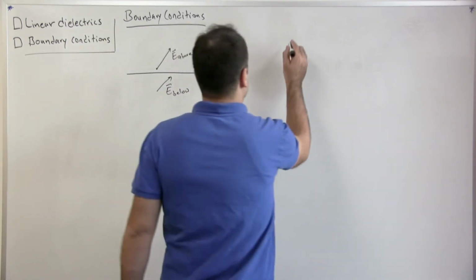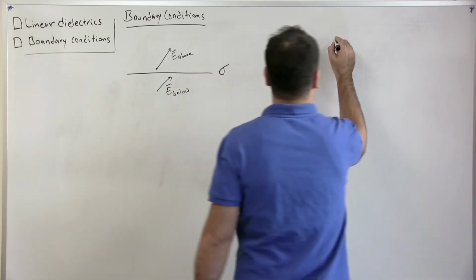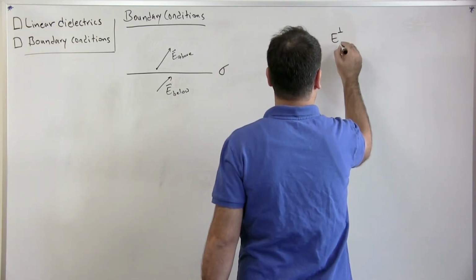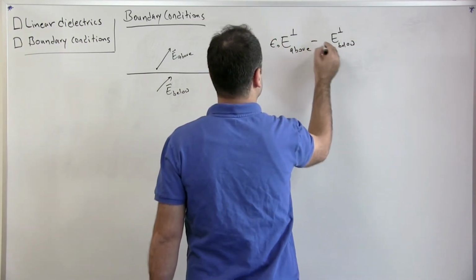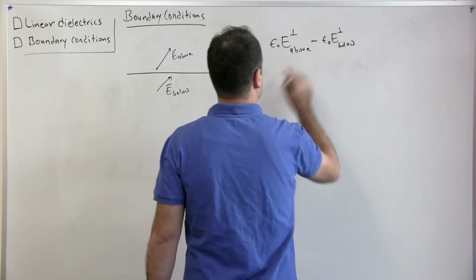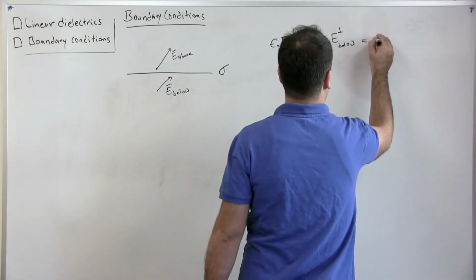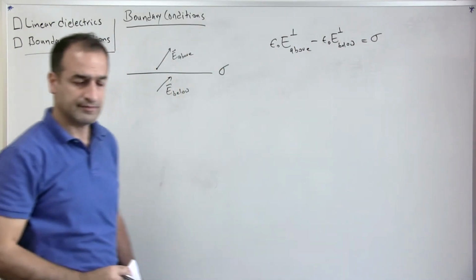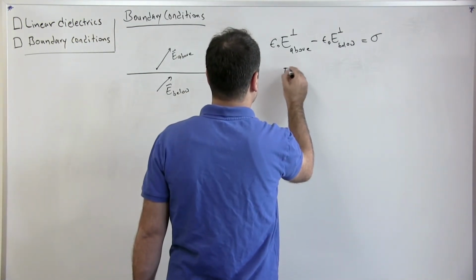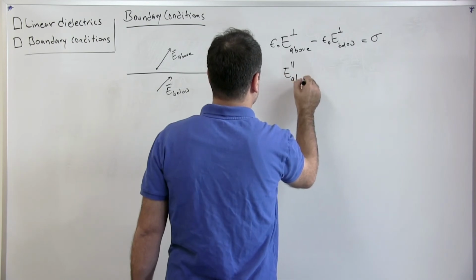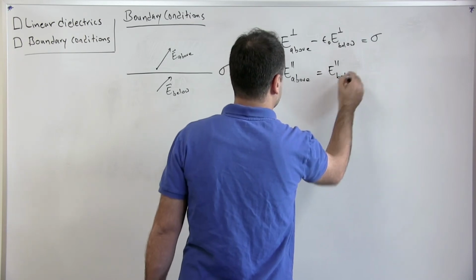Okay, and when we looked at the vertical component above and below the surface, we said that there should be discontinuity. Epsilon naught times E above minus epsilon naught times E below should be equal to sigma. Okay, and at the same time, we said the parallel component of the electric field E above should be equal to the parallel component of the electric field below.